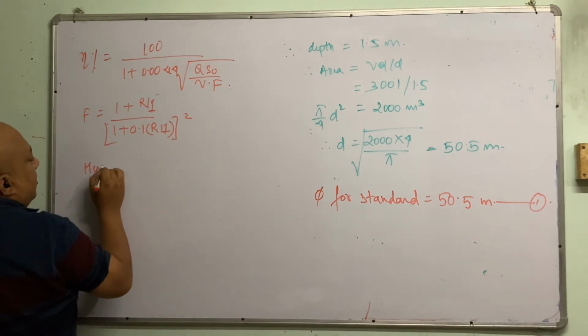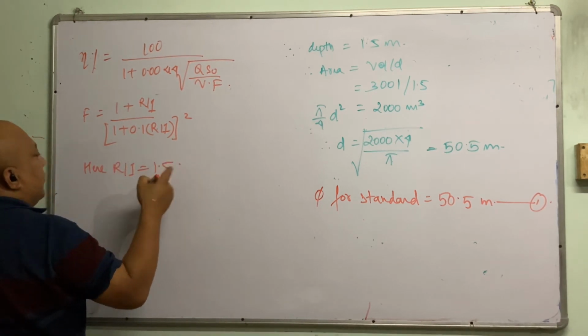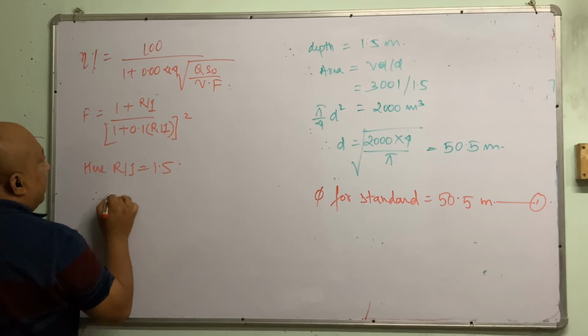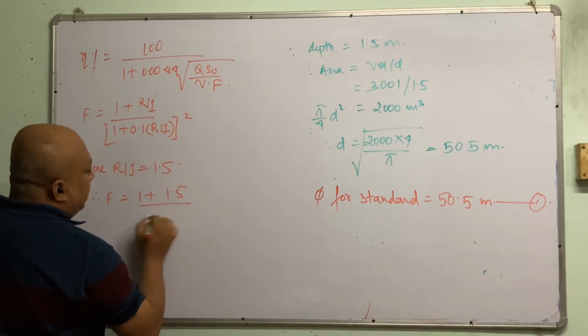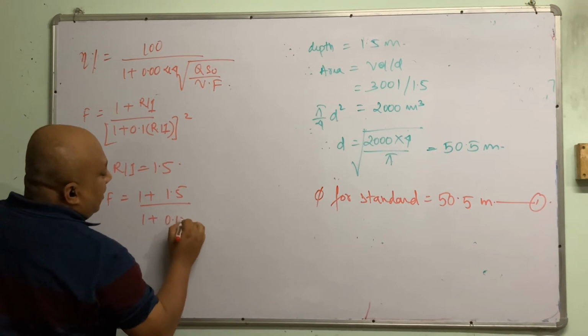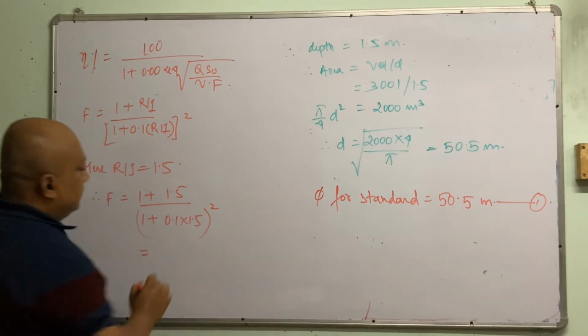Here they said R by I is equal to 1.5, the recirculation factor. Therefore F is equal to (1 plus 1.5) divided by (1 plus 0.1 into 1.5) whole square.